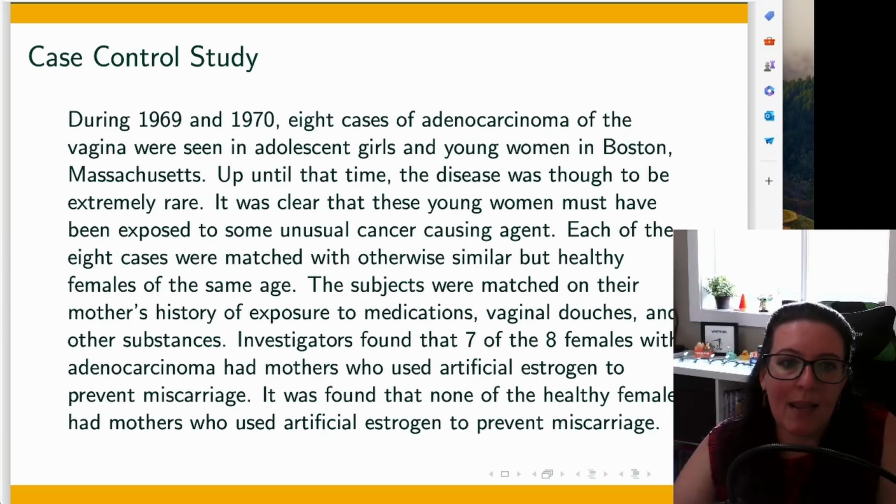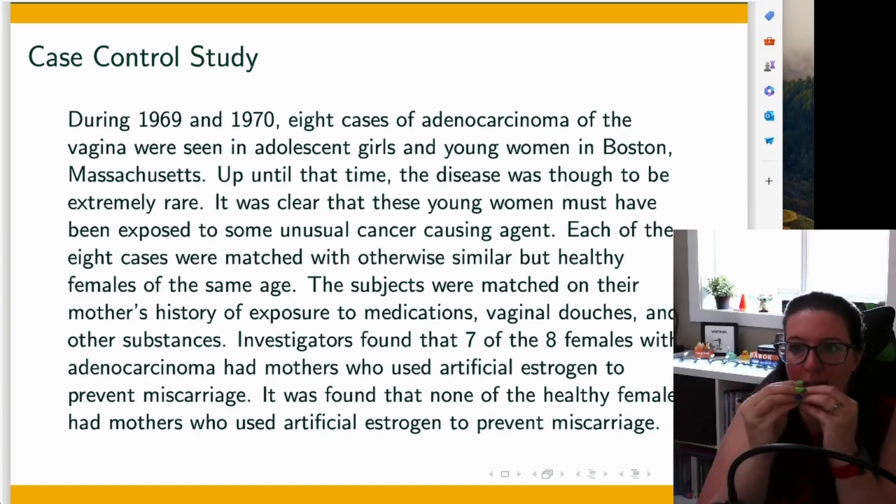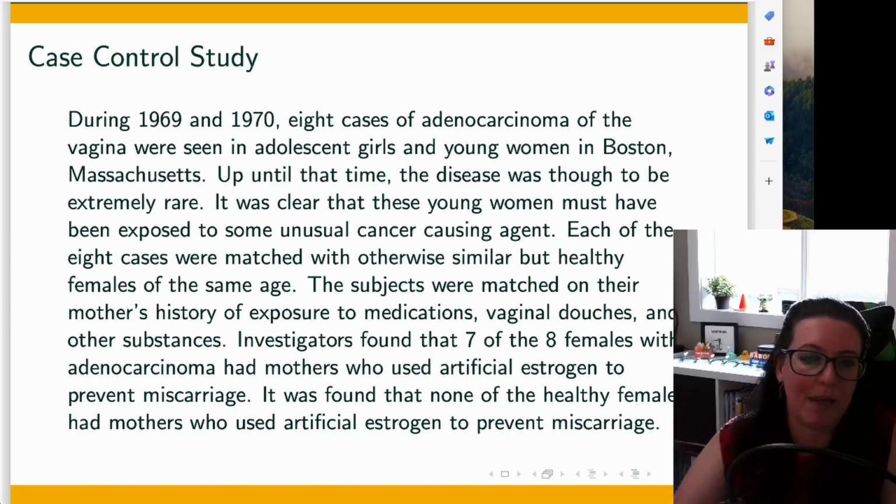So each of the 8 cases were matched with otherwise similar but healthy individuals of the same age. So again, trying to match their exposure to other medications, to products that they might use, and looking at a person who had a similar diet, similar activities, to see if there would be a difference.